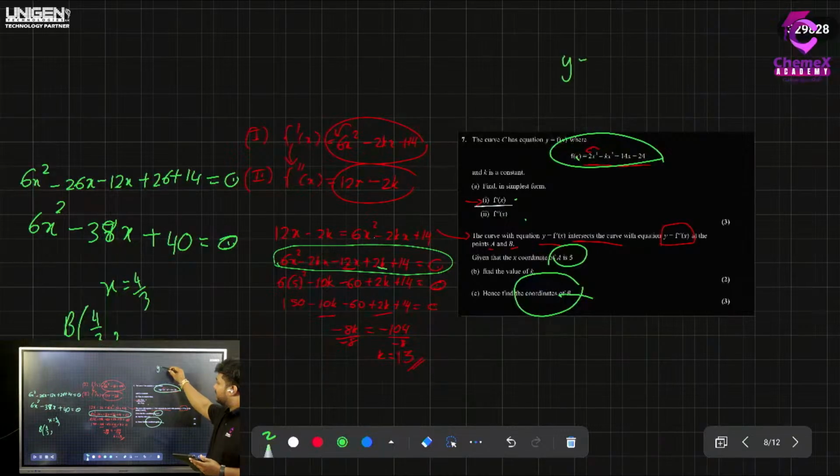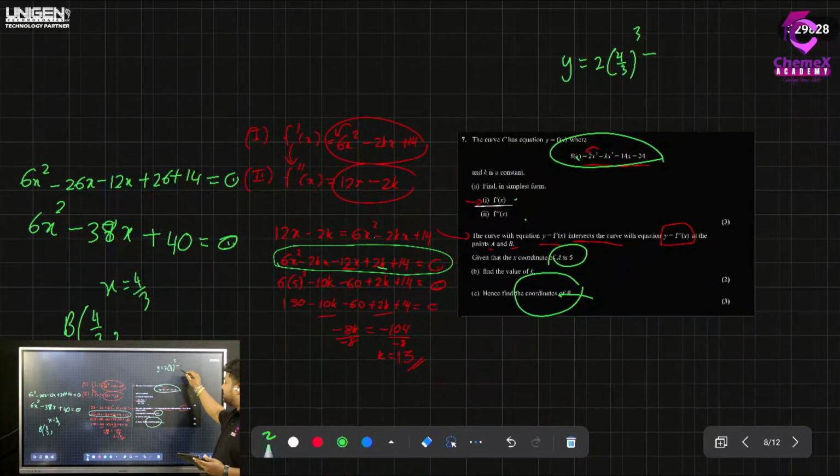So y is equal to 2 times 4 over 3 to the power 3, minus k is known. K was 13. 13 times 4 over 3 plus 14 times 4 over 3 plus 24.